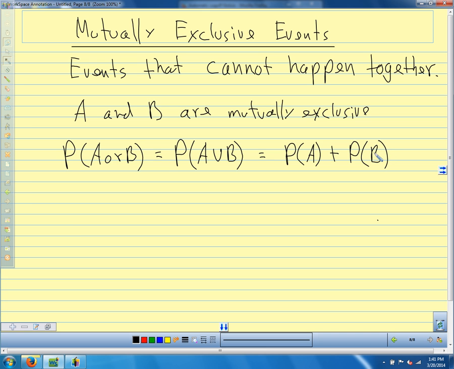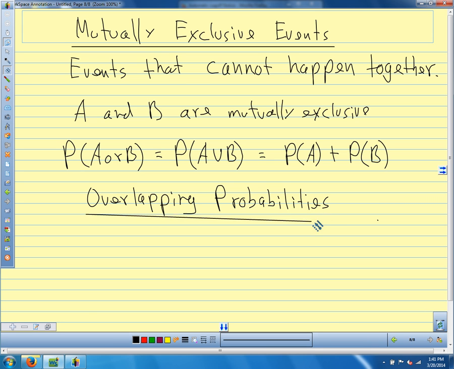Well, sometimes we have events where the outcomes overlap. And I call those overlapping probabilities. So when we're talking about overlapping probabilities, that means two events share some outcomes.